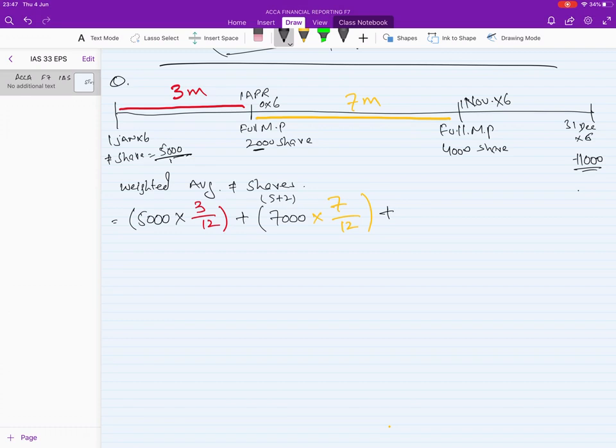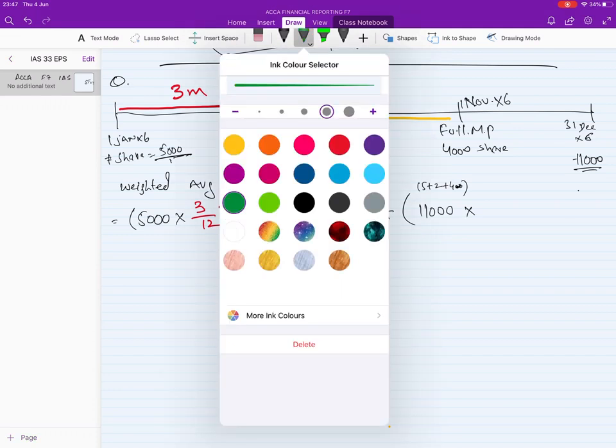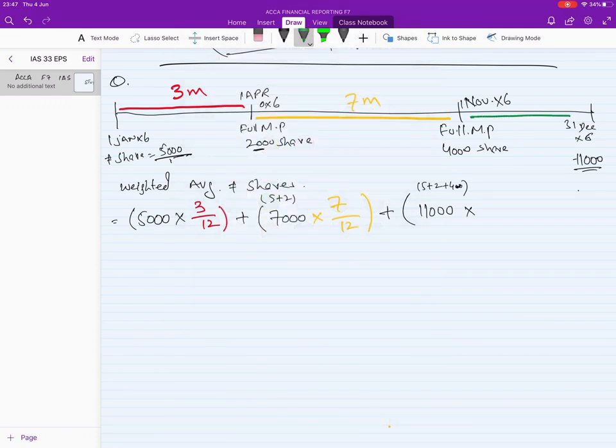Now you have 7,000 shares plus 4,000, like 5,000 plus 2,000 plus 4,000. It means you have 11,000 shares by the end of the year. And these shares were outstanding for how many months? For November and December, 2 months only.